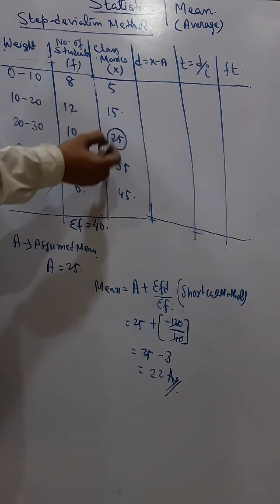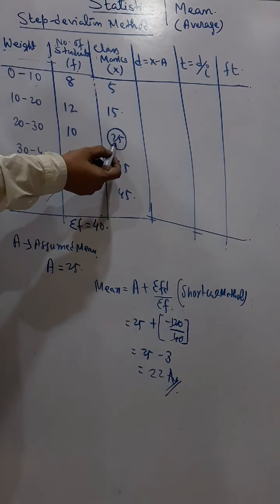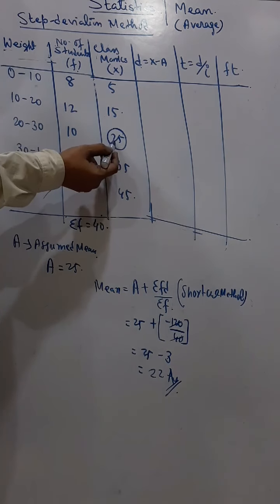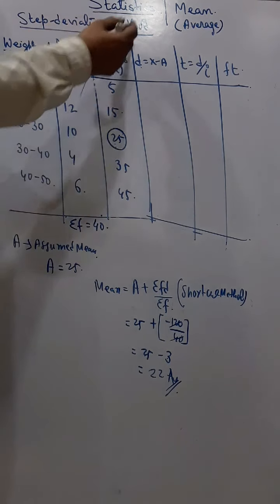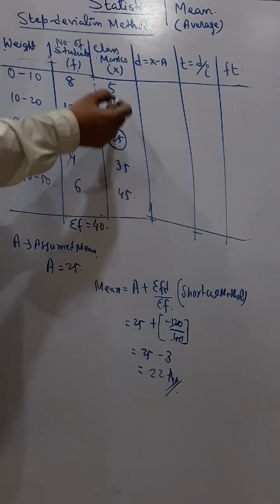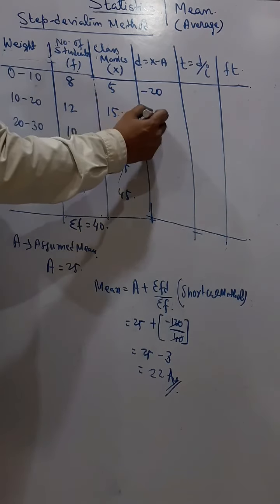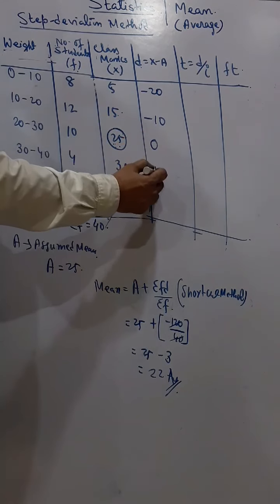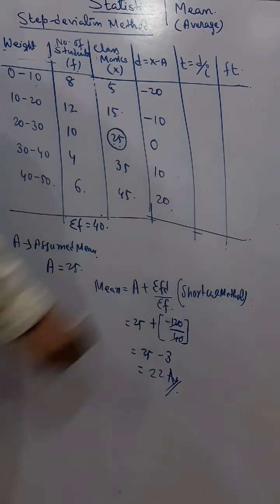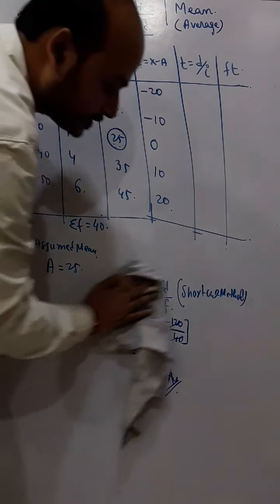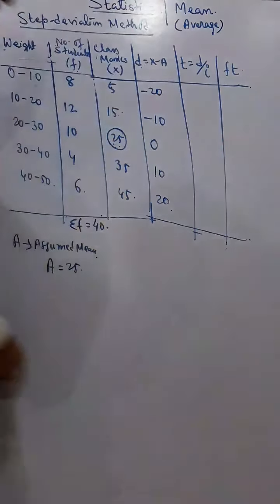D means, assume mean we have taken as 25 as in the previous sum, same sum, but we are doing it in a step deviation. So assume mean was 25. So I get 5 minus 25 as minus 20, and then minus 10, I will get 0, this one will get 10, and this one will get 20. Understand?